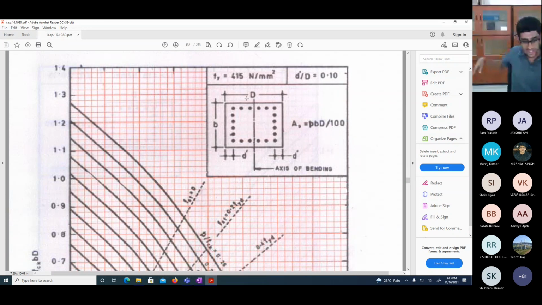Which is better, do you think? Two sides, sir. Why? So the final reinforcement which you calculate, the area of steel, will be more or less the same. Okay, more or less it will be the same. So on what basis do you say 2 is better?